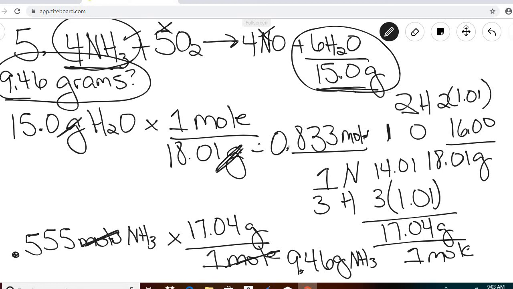Once we knew the number of moles of NH3, we use the periodic chart to determine how many grams is in 1 mole of NH3, and then use that to convert from moles of NH3 to grams of NH3.